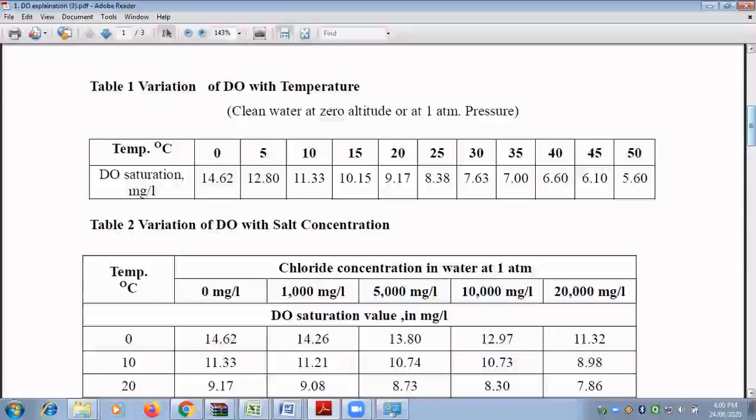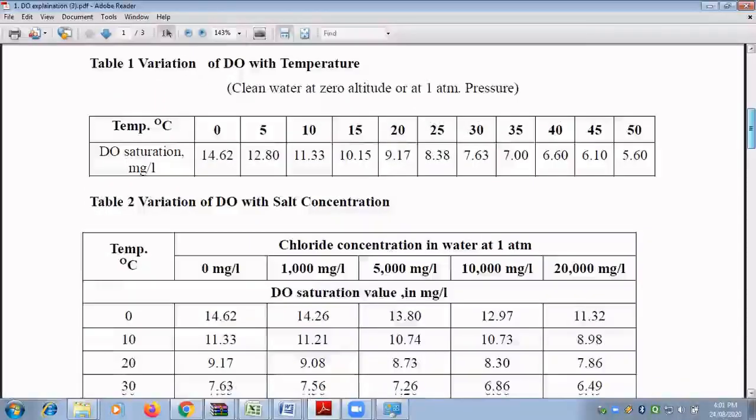All right. Water is made of hydrogen and oxygen atoms, and also dissolved oxygen is present in the water. So both structural oxygen and dissolved oxygen are present in the water, right?